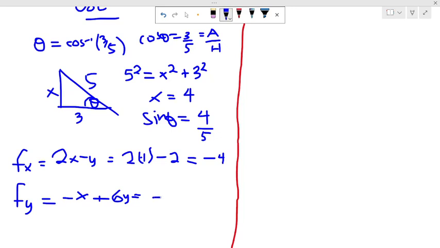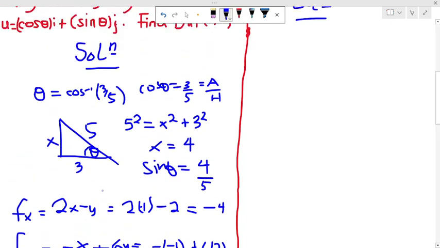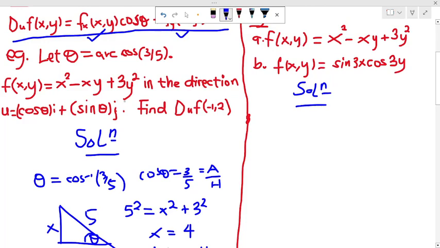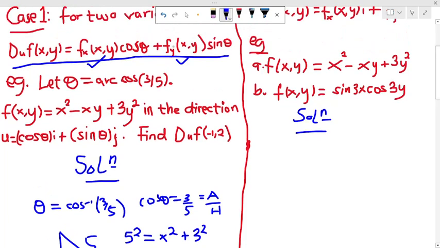Now we have negative x, our x is negative 1, plus 6y, and our y is 2. Negative 1 times negative 1 gives us positive 1, plus 12. That gives us 13. Now we have our fx and our fy.